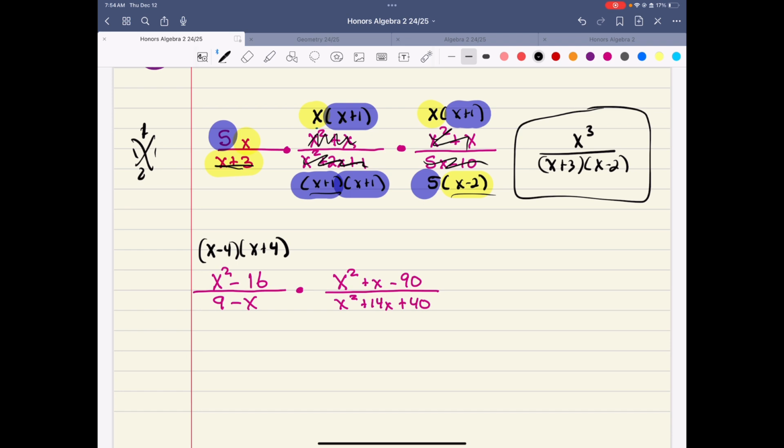So I'm going to rewrite this as negative x plus 9, but I also don't want my x to be negative, so this actually factors into negative x minus 9. And we always want to do this. We always want our x value to be positive, if at all possible, which in most cases it is.